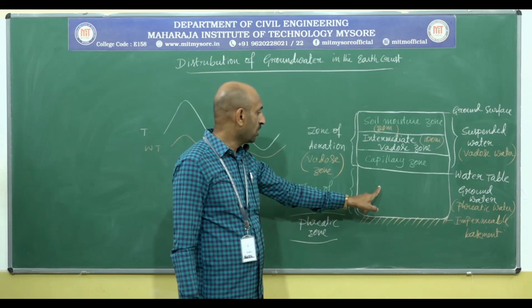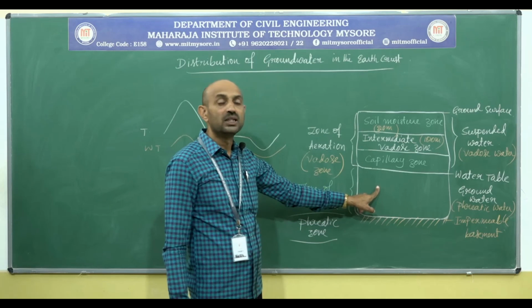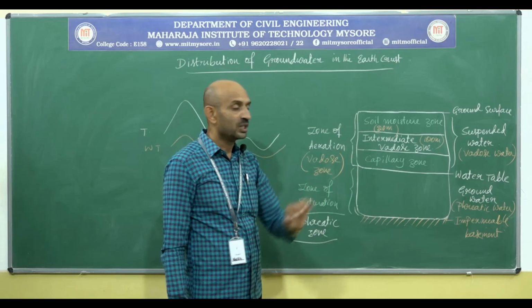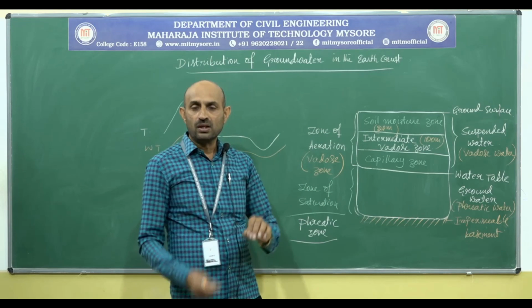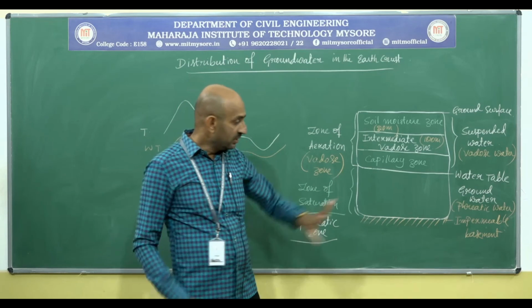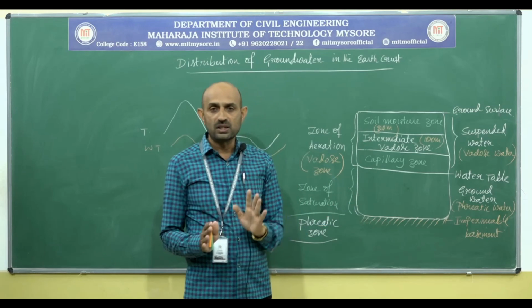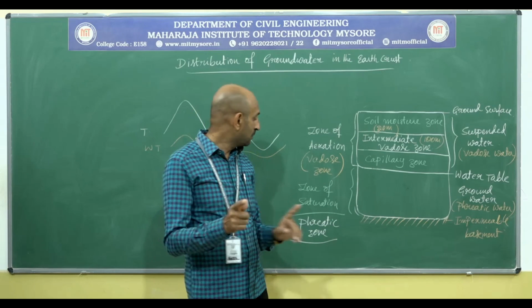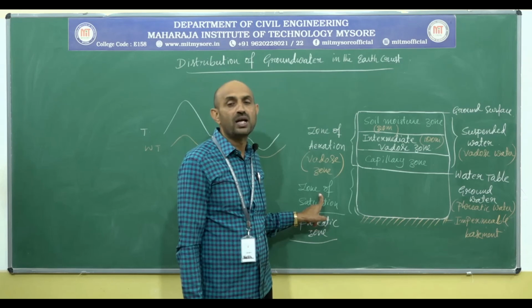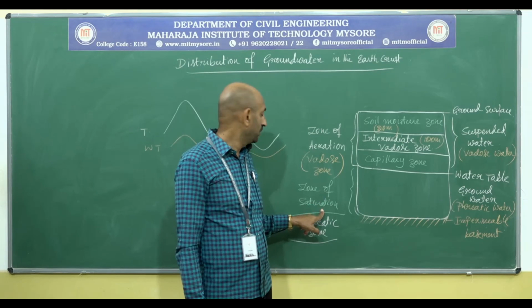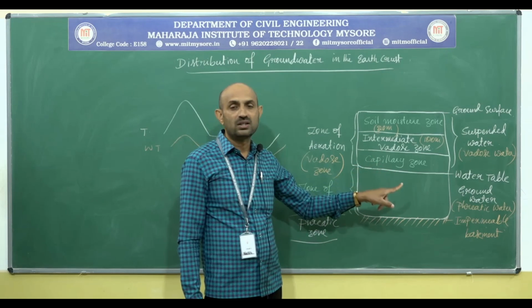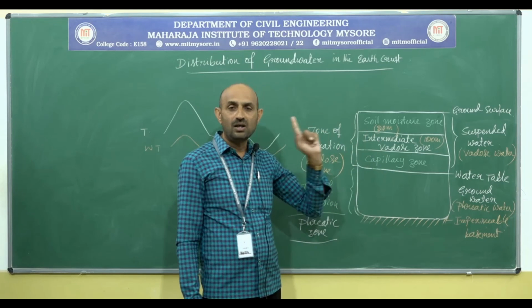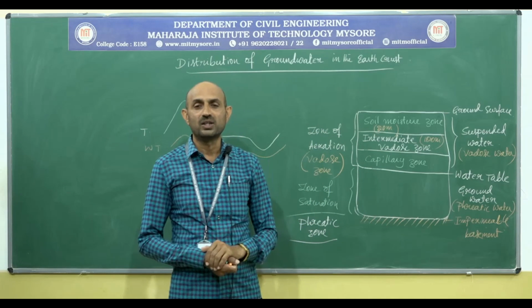Water which is present in the zone of saturation is called groundwater or phreatic water. What we have to understand in this case, particularly, is what is groundwater? The water which is present in the zone of saturation is called groundwater. Groundwater is also called phreatic water.